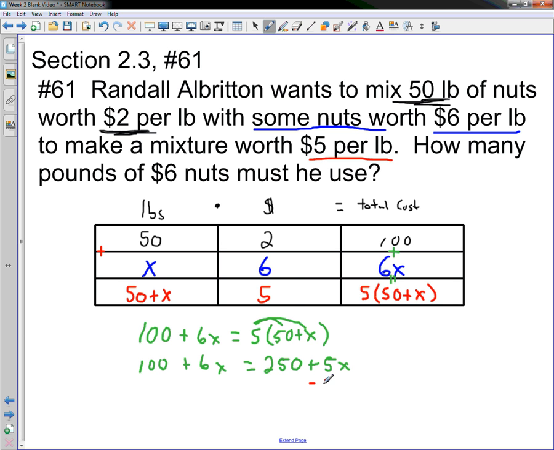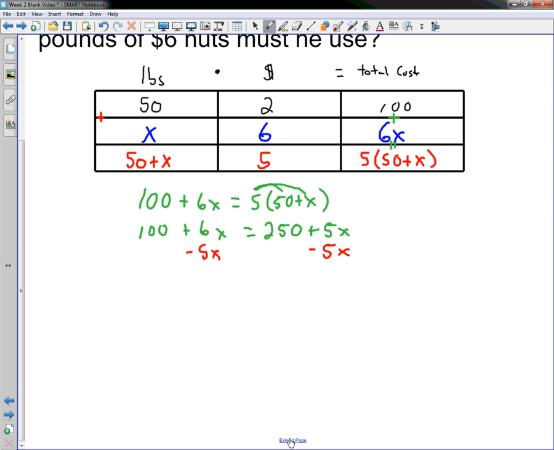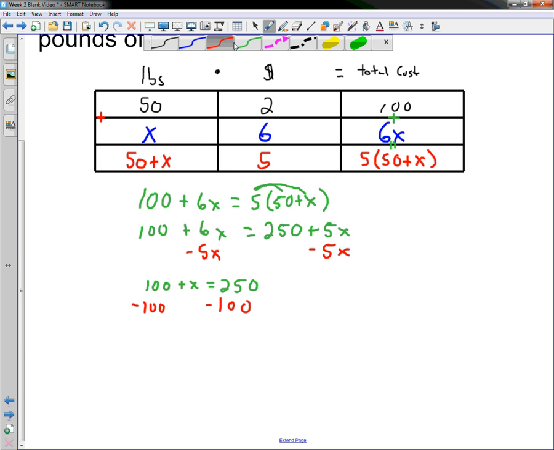Bring the 5x over. And we have 100 plus x equals 250. And then bring the 100 over. And we have x equals 150.